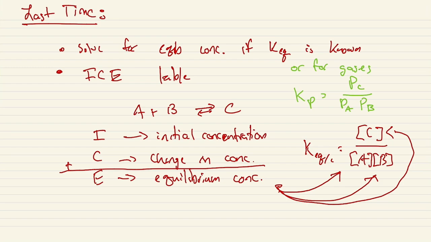And then what states of matter are included in the equilibrium constant? We also talked a little bit about heterogeneous equilibrium. Or I should say, what states of matter are not included?